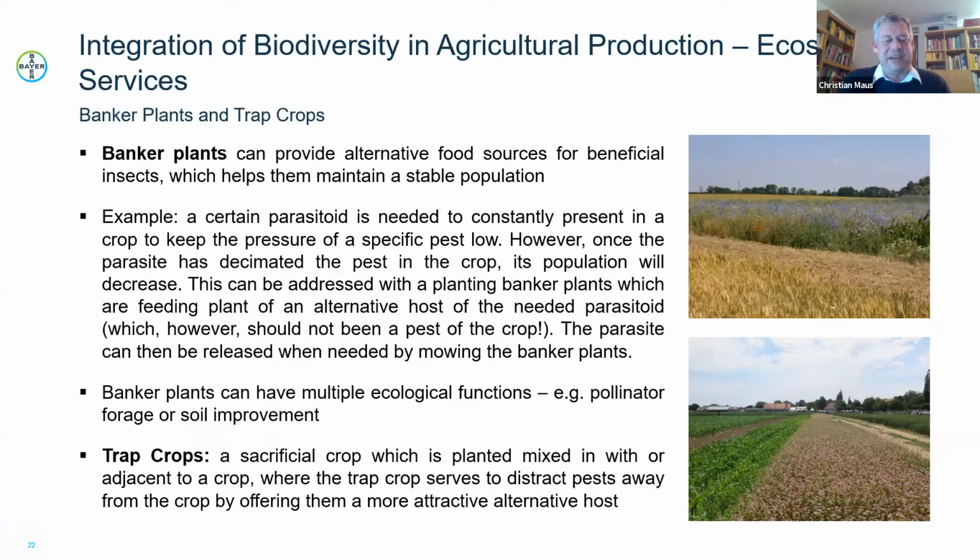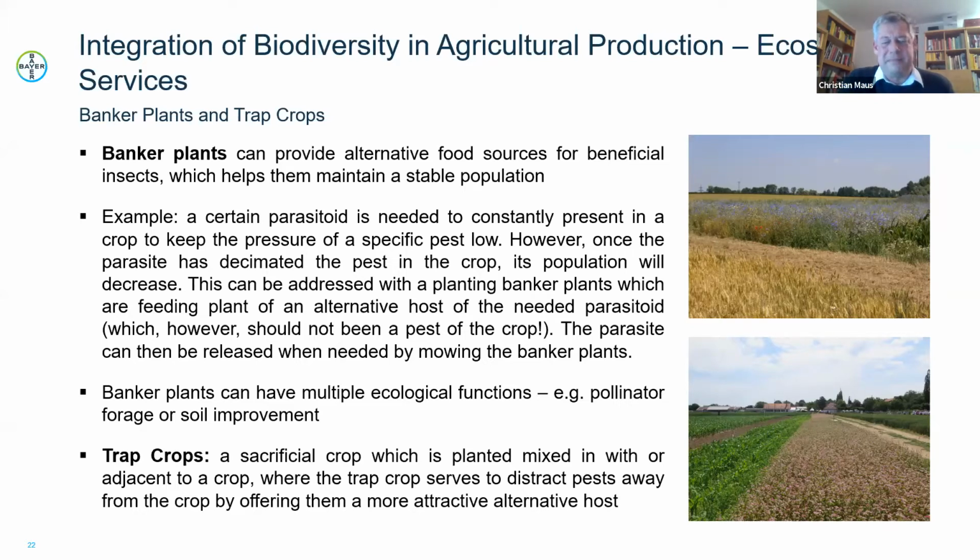In the case of banker plants, we attract natural enemies of pests that we want to control in the crop by providing them alternative hosts which are living in these banker plants, and which keep up their natural enemy populations, which would be collapsing in the crop after they have decimated their hosts. In the banker plants, they can be held stable and released at a certain point of time by mowing those plants so that they have to go into the crop again.